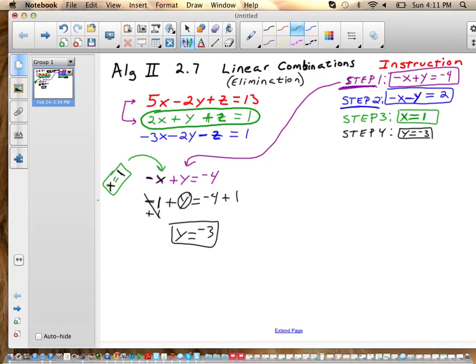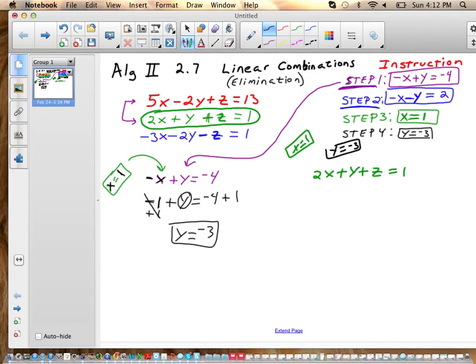So I'm going to say, okay, 2x plus y plus z equals 1. And I want to remember now, what all did I find? Well, I found that x equaled 1, right? This was all found earlier. And then I also found that y equaled negative 3, didn't I?